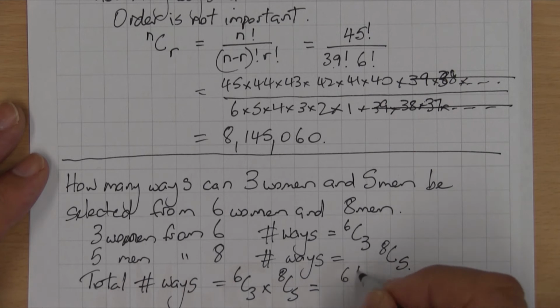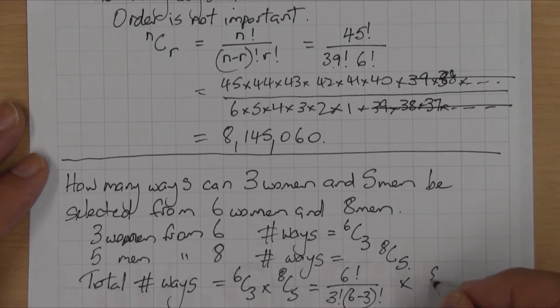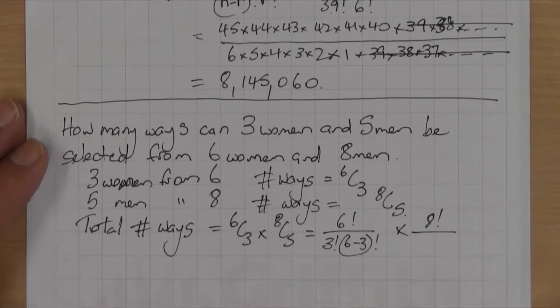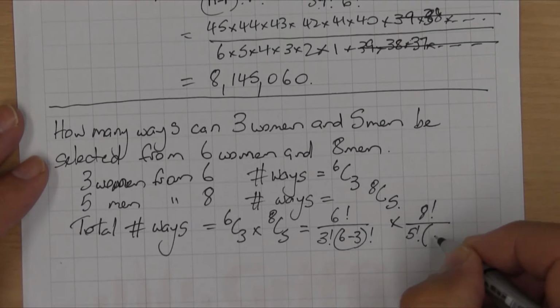6C3 is 6 factorial over 3 factorial times 6 minus 3 factorial. Then 8C5 is 8 factorial over 5 factorial times 8 minus 5 factorial.